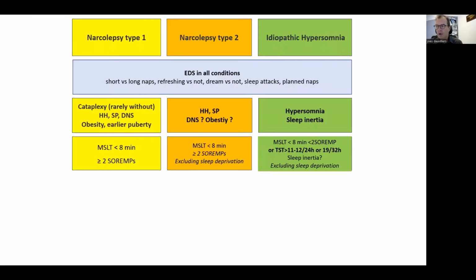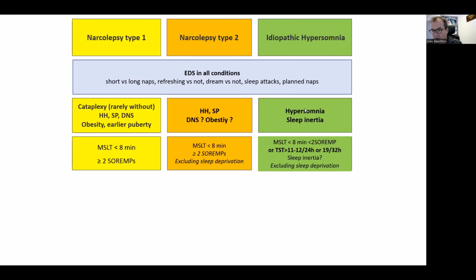So if I want to conclude right now about what is IH compared to differential diagnosis, there is narcolepsy type 1. I did not spend time on it, but it's very well known, with cataplexy, hallucination, sleep paralysis, disturbed nighttime sleep, with this MSLT, very typical. And on the other side is IH.